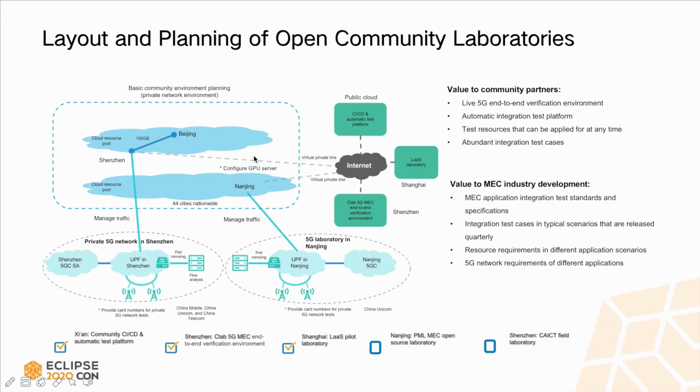So these are the labs we are planning and already have in our community. Now there are basically two locations for the 5G network. They are all in China, but we plan to build more labs worldwide.